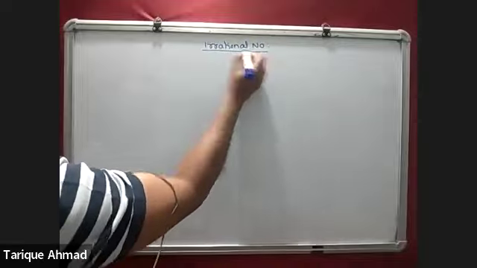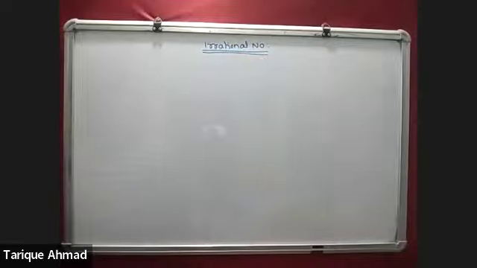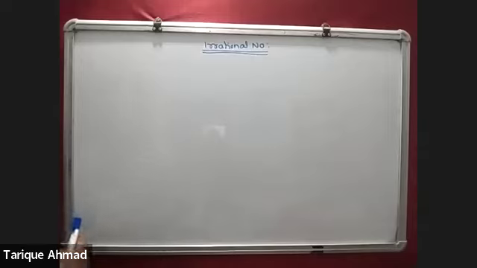Irrational number. The definition of, have you heard about this? Irrational number? Yes, sir. Any idea what irrational numbers are? Definition? I don't know the definition of irrational numbers. Okay, so let me explain that.